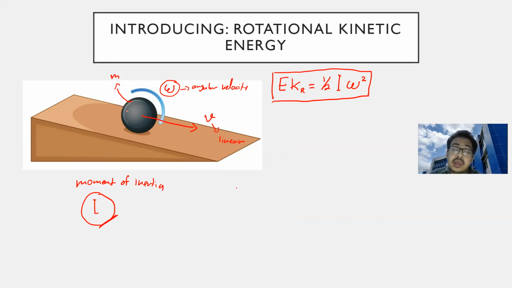And I need to emphasize this: it's only due to the rotational motion. We still do not include the translational motion here, or the linear motion, which we just use the same equation as we have studied before, half times m times v square.